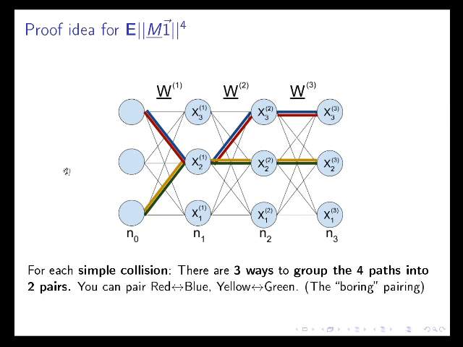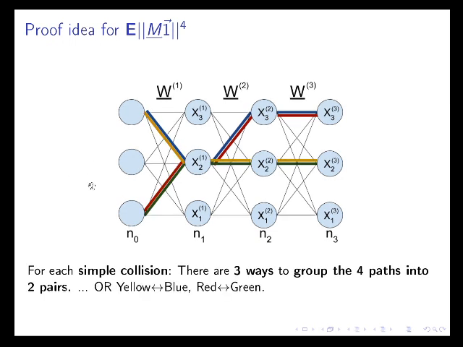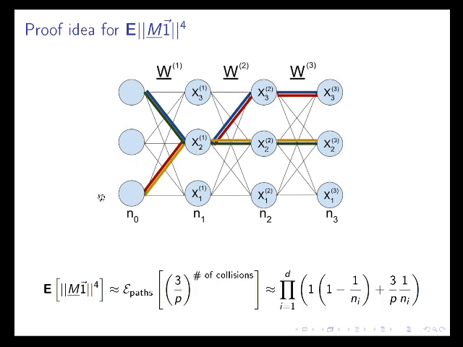But there's also another way, which is to do the yellow and the blue and the red and the green, or to do the green and the blue and the red and the yellow. So because of this combinatorial color switching that can happen whenever there's an intersection, you have this factor of 3 coming into play. There's the factor of 3 coming from this combinatorics, there's the factor of 1 over p coming from the Bernoulli variable x, and so you have this factor of 3 over p every time there's a collision.